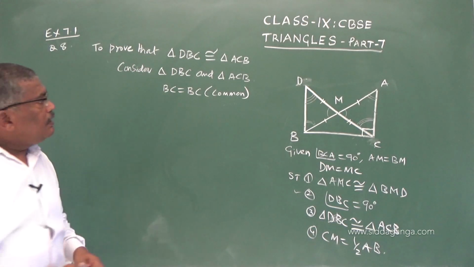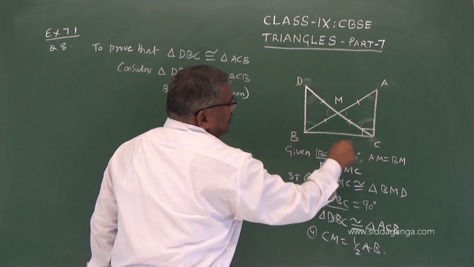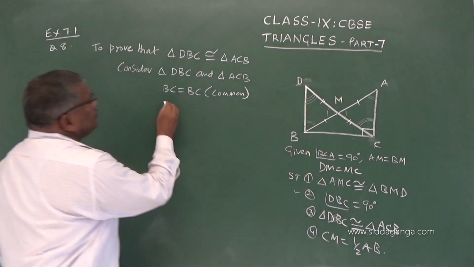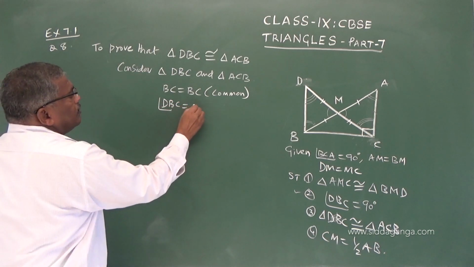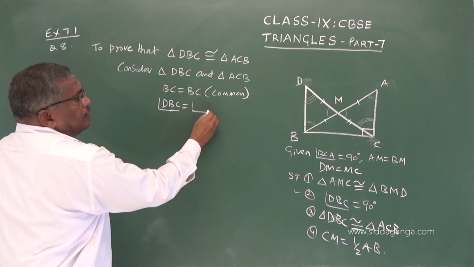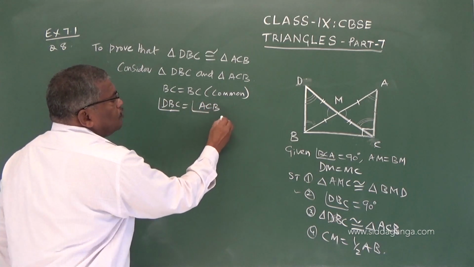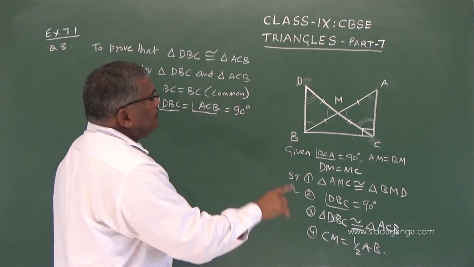Now, in these two triangles DBC and ACB, angle DBC is equal to angle ACB, because both are 90 degrees. So therefore they are equal.